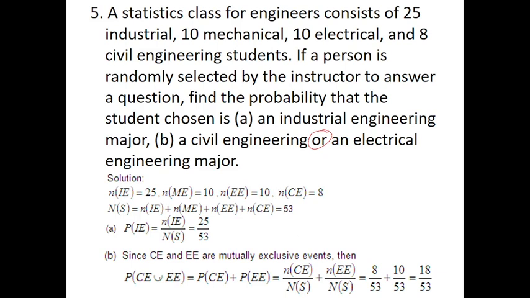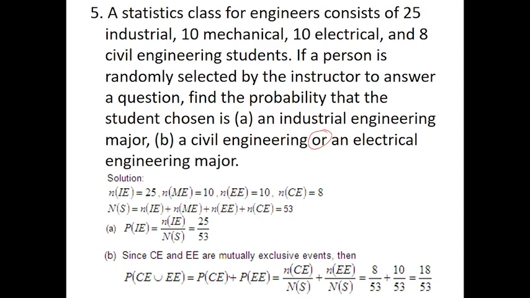So, if they are mutually exclusive, add natin yung probability na CE yung student at saka yung EE yung student. Kasi or eh, di ba? Pag or, sabi ko dati, plus. So, therefore, probability of CE or EE, union yung notation, okay?